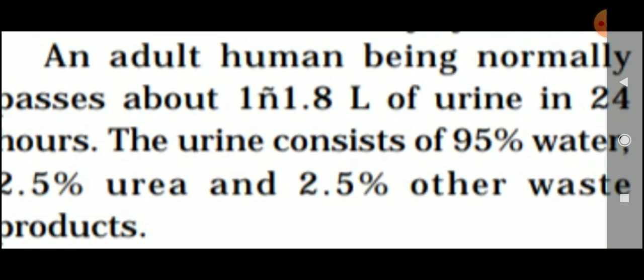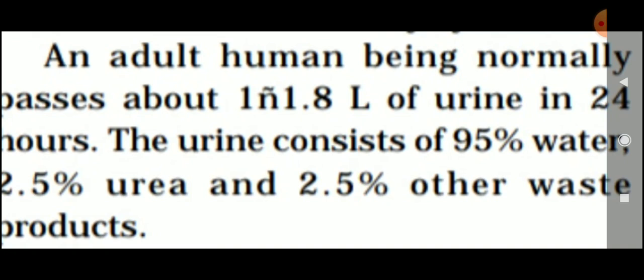Underline the word, students. An adult human being normally passes about 1 to 1.8 liters of urine in 24 hours. What does urine consist of?